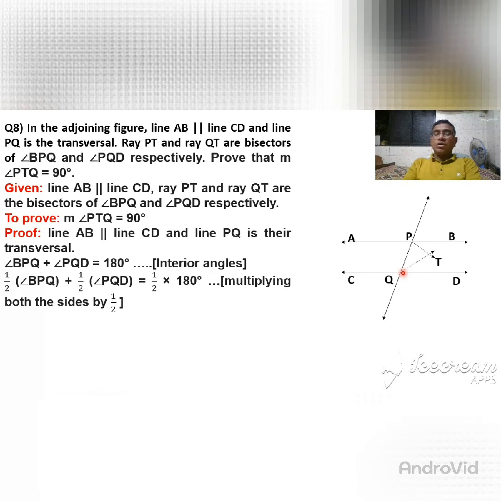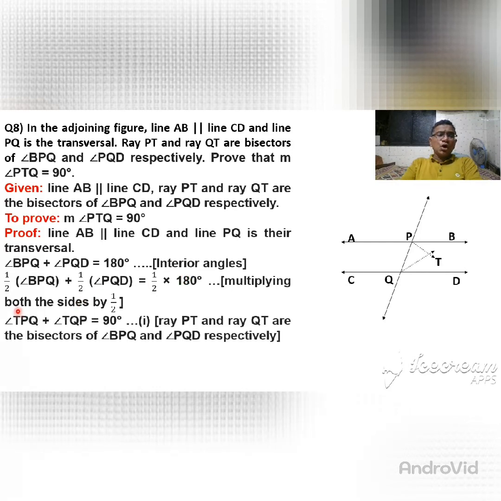So it is multiplied by 1/2. So half angle BPQ plus half angle PQD is equal to half of 180 degrees. So 180 divided by 2, you get 90 degrees.